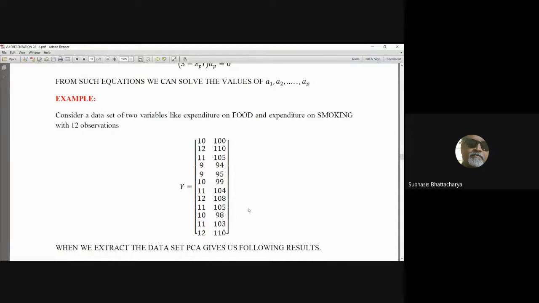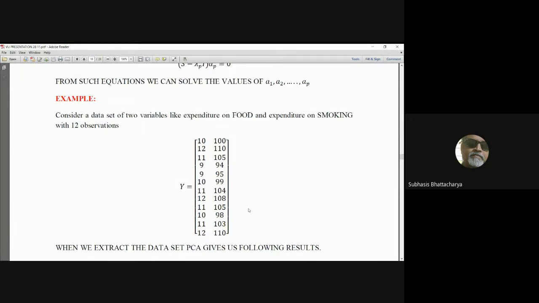Yeah, the screen is now coming, right? Okay, the screen is visible. The data set in the Word page, is it visible? Yes, sir.